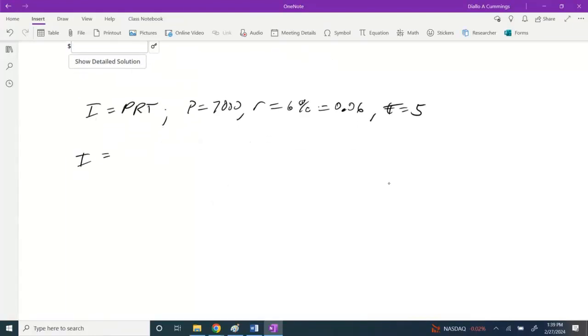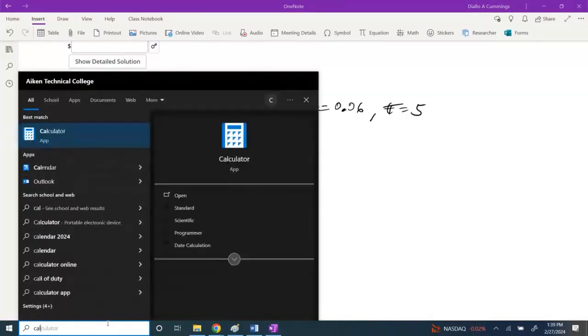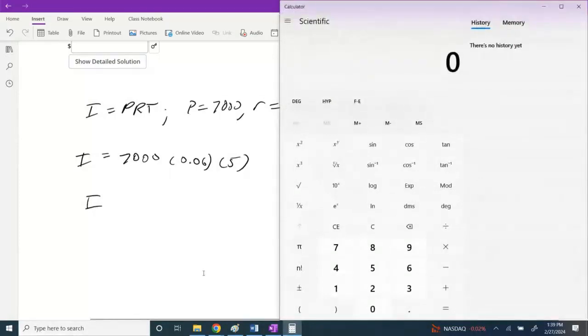Right, so I'm going to multiply all of this together. That's 7,000 times 6% times 5, and we get 2,100.